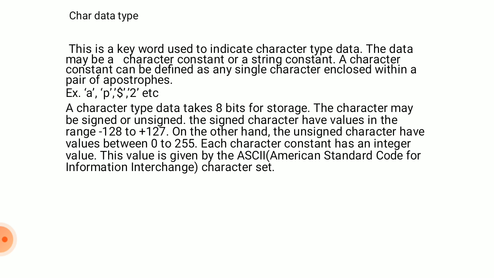If it is an unsigned character, then it stores 0 to 255. And each character constant has an integer value, and this value is given by ASCII. ASCII means American Standard Code for Information Interchange character set.